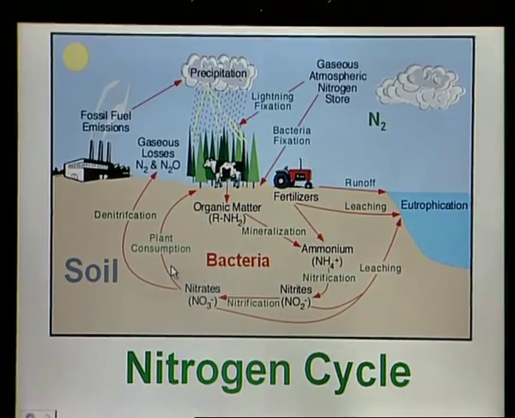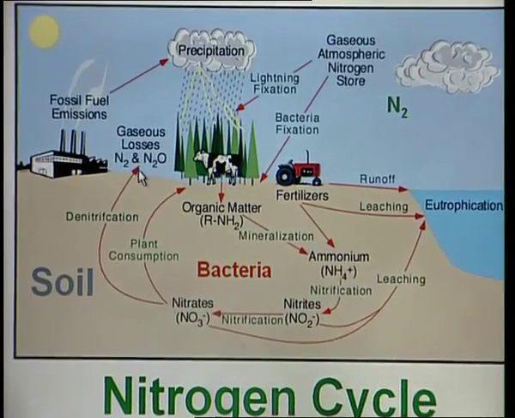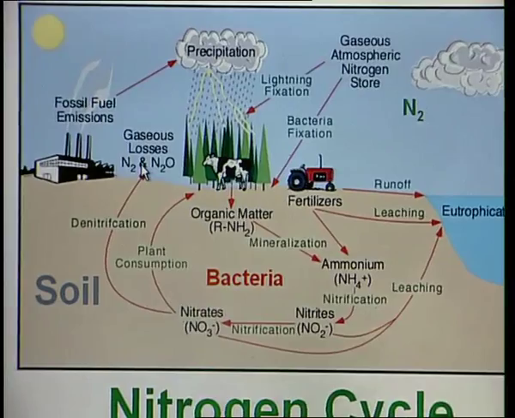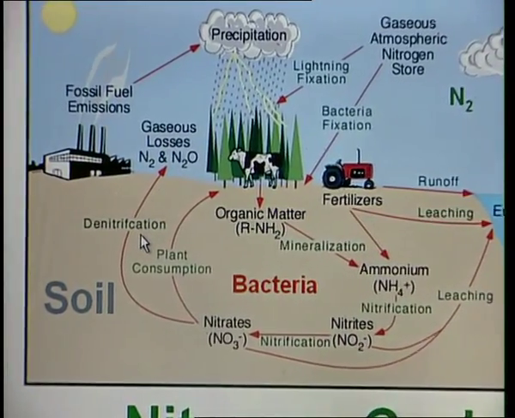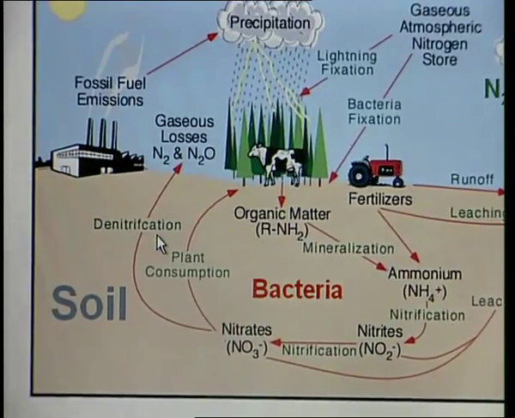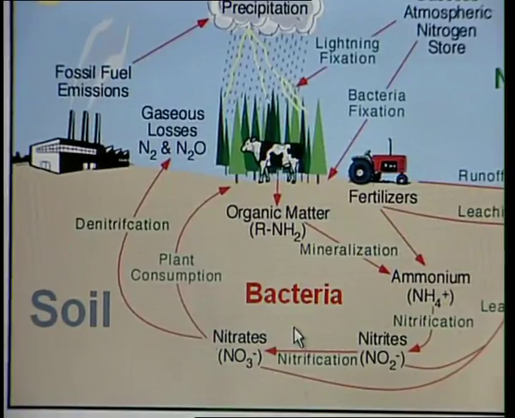A portion of the nitrogen is then transformed into gaseous nitrogen and comes to the atmosphere by heterotrophic bacteria. The process is called denitrification, thus completing the nitrogen cycle.